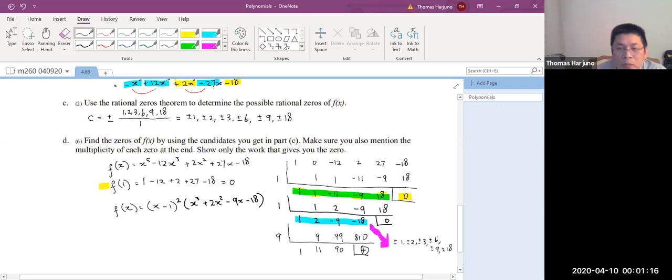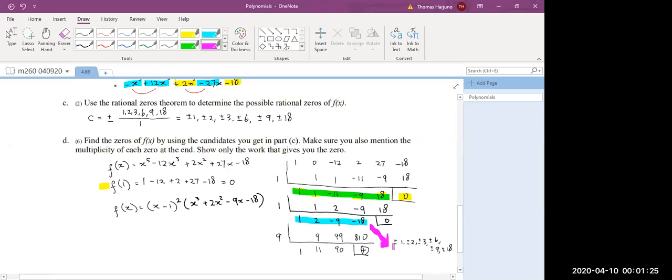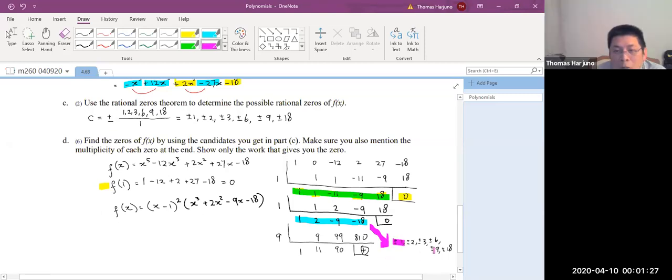Okay. Now, when I try 9, it doesn't work. Agree? Yes. When I try 9, it doesn't work. So 9 doesn't work. However, from this result, you see that the third row, the entries are all positive.